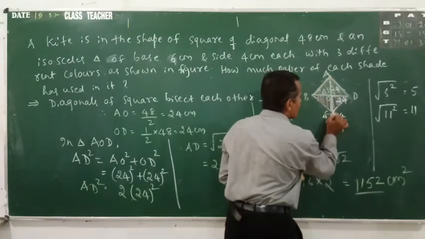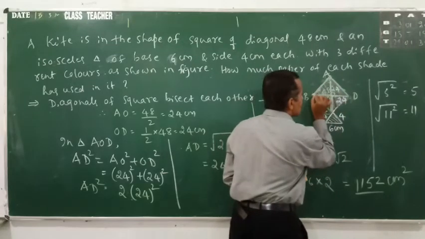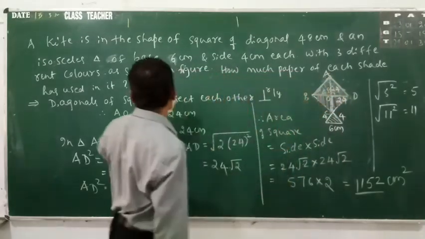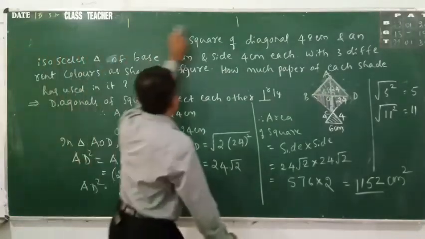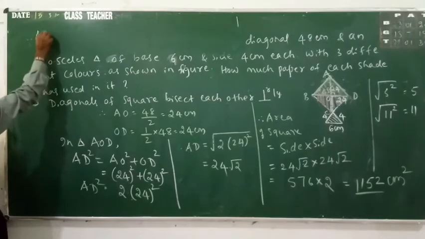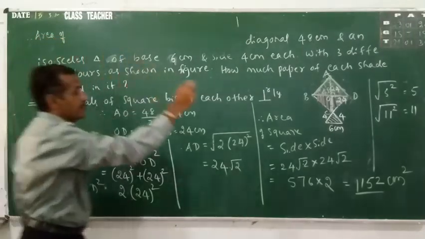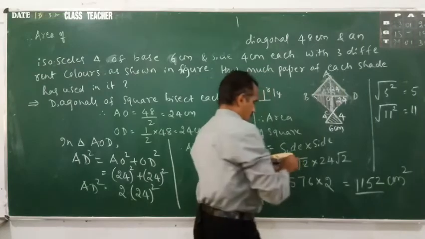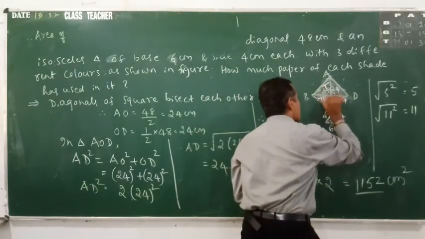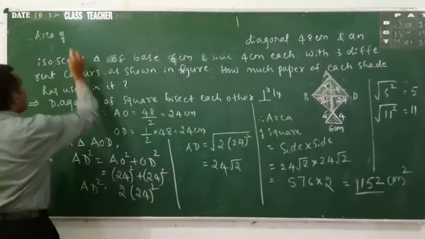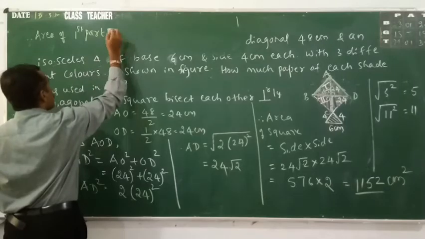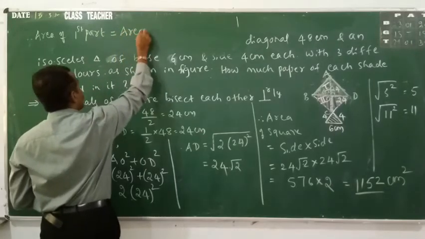Now, they ask you what is the area of each part. You know that in a square, the diagonal divides it into two equal triangles. So this is the first part, this is the second part. Therefore, area of first part is equal to area of second part, both are same.